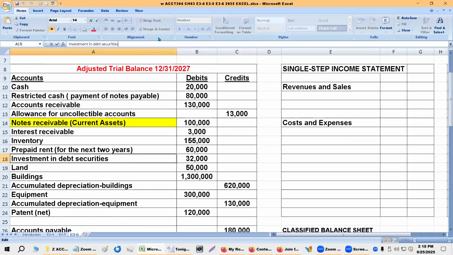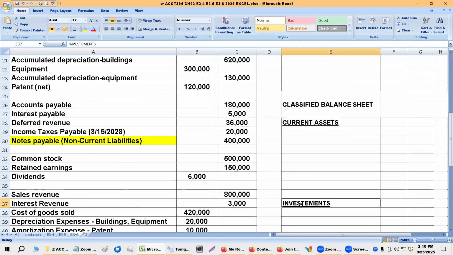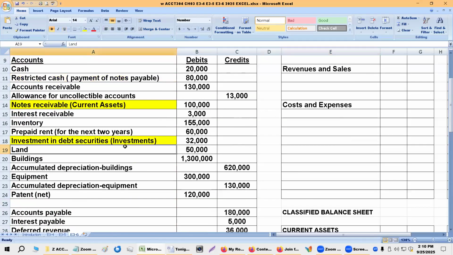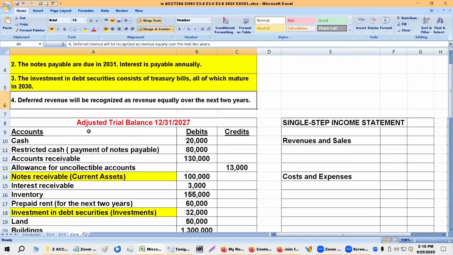So these will be in the investments account, long-term, non-current. Do I call it non-current or what do I call it? I can't remember. Usually just call it investments, okay.